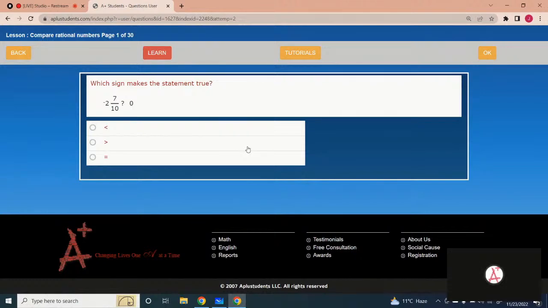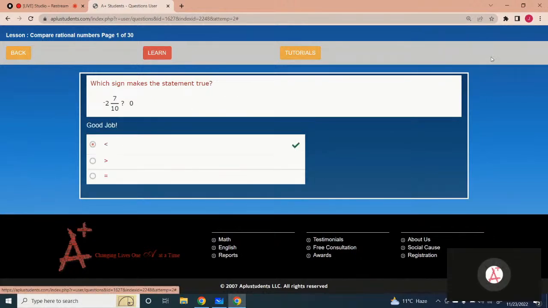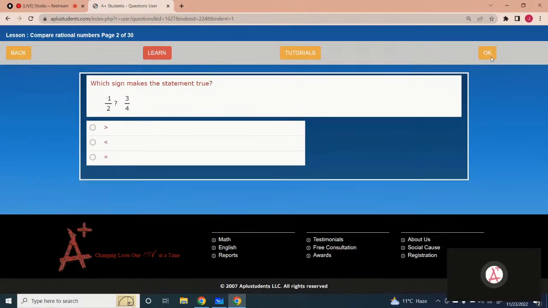So negative 2 whole 7 by 10 is less than 0. Got it? Less, because negative numbers are always smaller than 0.